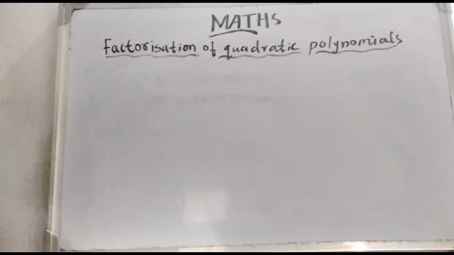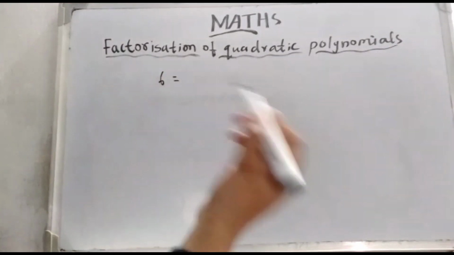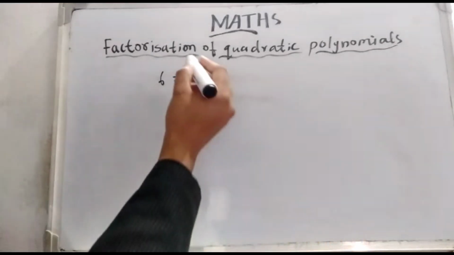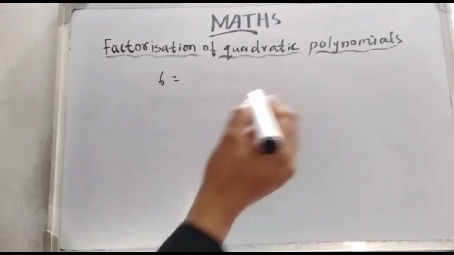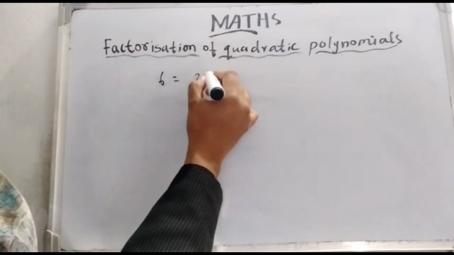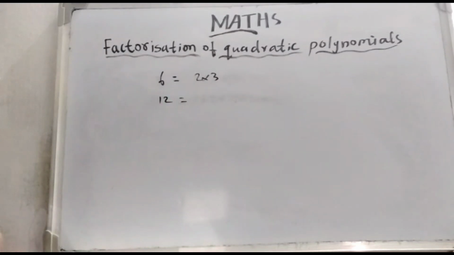Then what do you mean by factorization? For example, 6. 6 is a number. Which are the factors of 6? 1, 2, and 3, isn't it? So we can express 6 as the product of its factors, 2 into 3. Then 12. What are the factors of 12? 1, 2, 3, 4, and 6.